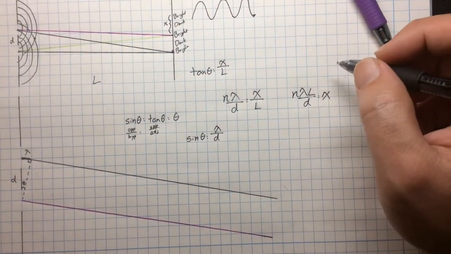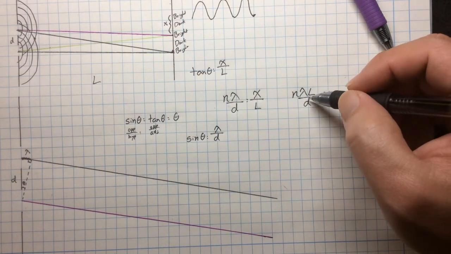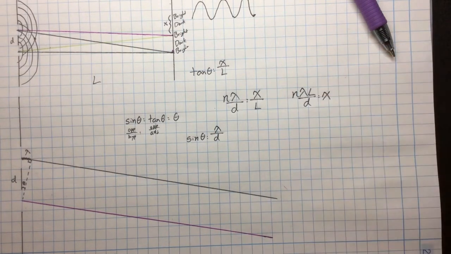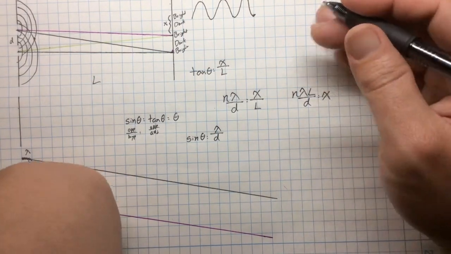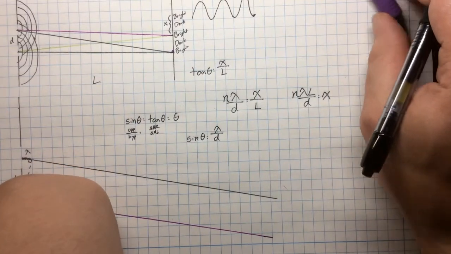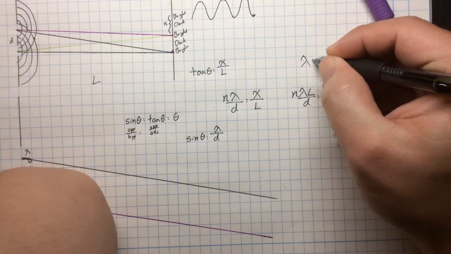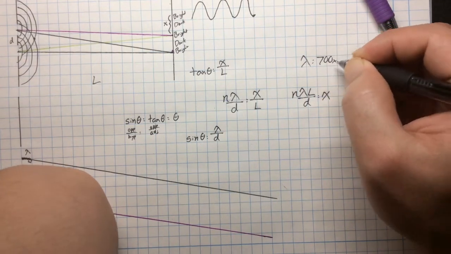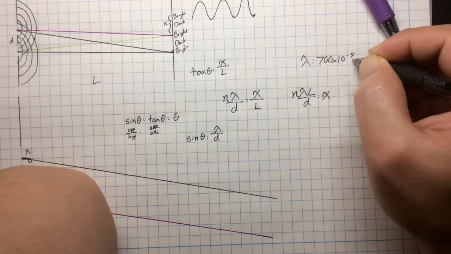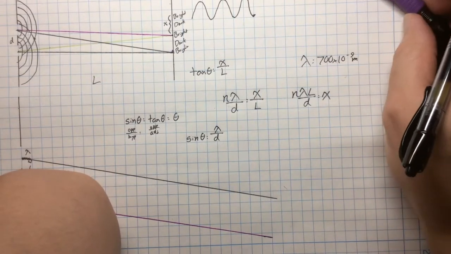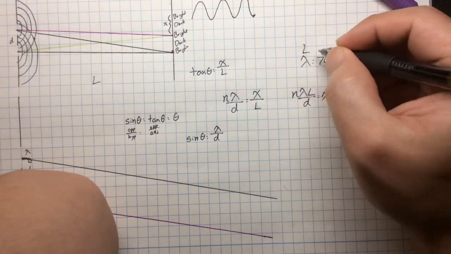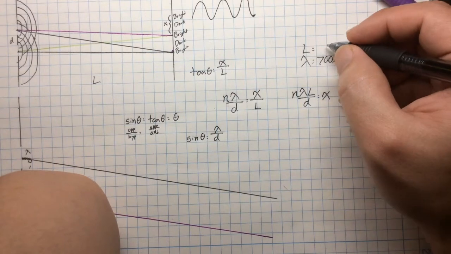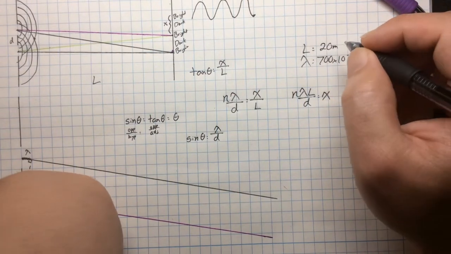So for the first order bright spot, it would be just n is 1, the wavelength times L divided by d. So if you were to run a sample problem, we can say the wavelength is about 700 nanometers, so 700 times 10 to the negative 9th meters. The length of the room, let's make it 20 meters from the back of the room to the front of the room.